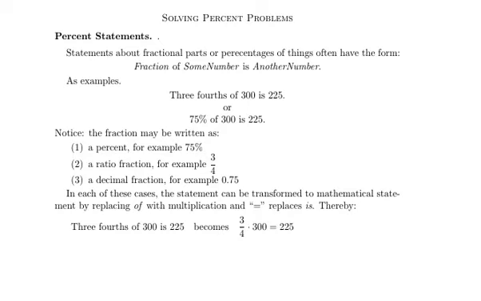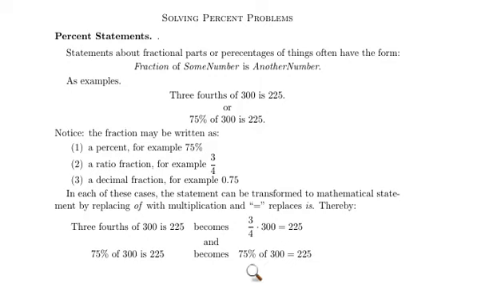So doing that translation, 3/4 of 300 is 225 becomes the mathematical statement 3/4 times 300 is 225. And that same statement with percent would be 75% of 300 is 225. That becomes 75% of 300 is equal to 225.